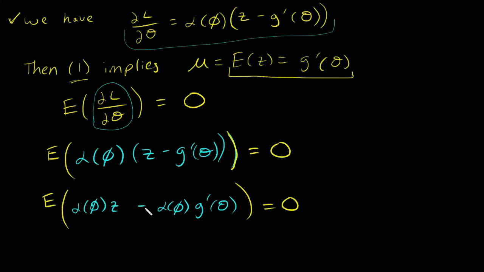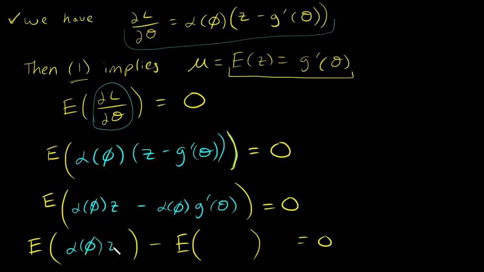I have an expected value of a difference, which means I can take the expected value of each piece. So I get the expected value of this piece minus the expected value of that back piece, and I'm still going to get that equal to 0.